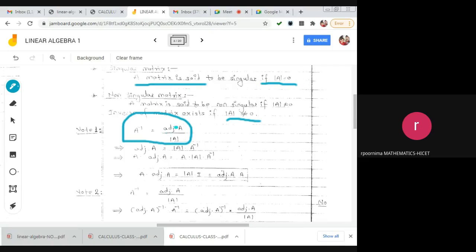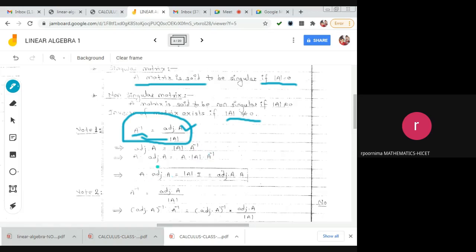So you can keep adjoint of A on one side and bring determinant A to the other side. You will be getting adjoint of A equal to determinant of A into A inverse. Now you multiply by A on both sides. So A into adjoint of A equal to A into determinant of A into A inverse.